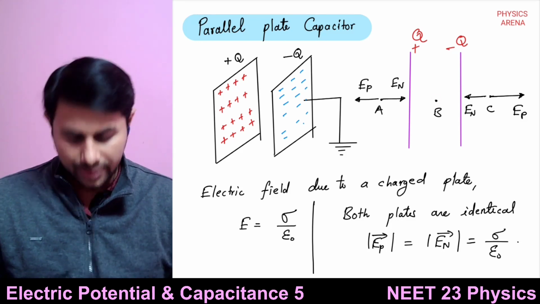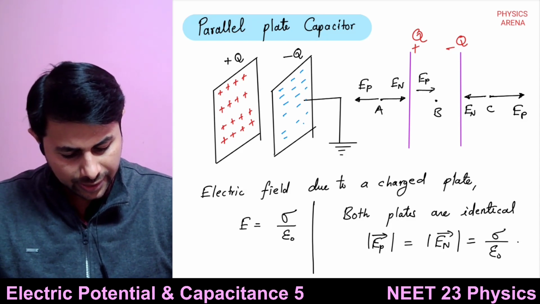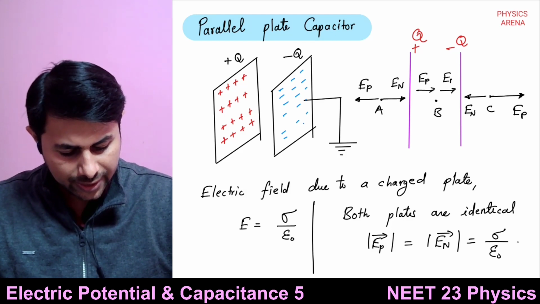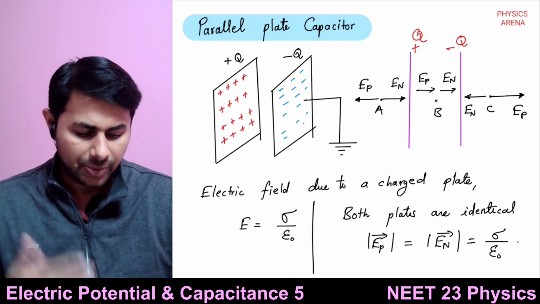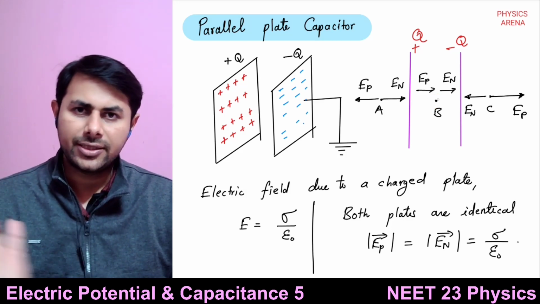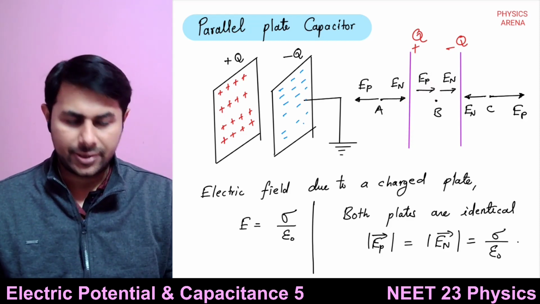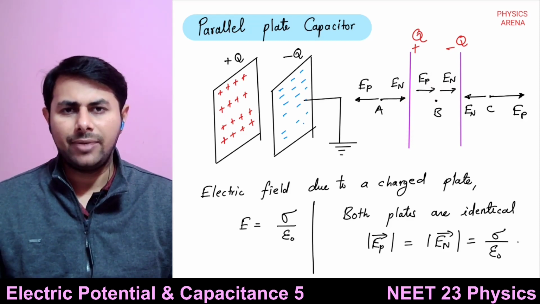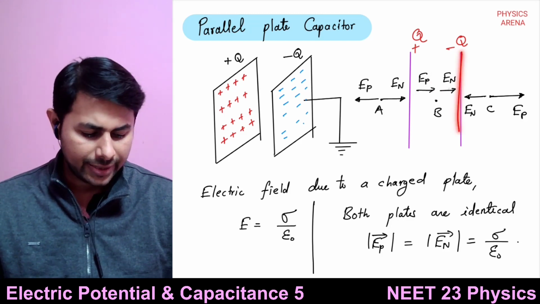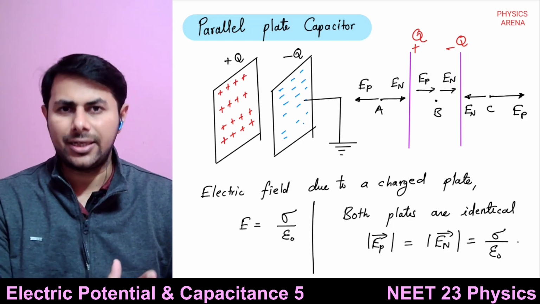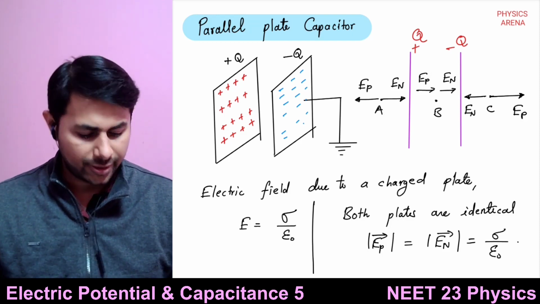But at point B, the electric field due to the positive plate is directed like this, and the electric field due to the negative plate is directed like this. If you keep a positive charge over here, it gets repelled by the positive plate, so the field is outwards, in the positive x direction. The field due to the negative plate is towards the negative plate, and again the direction is the positive x direction.